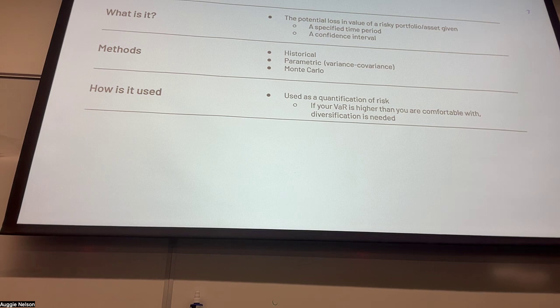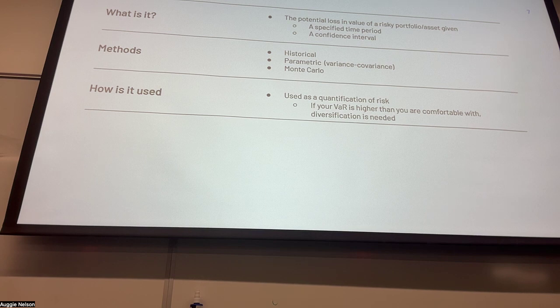Historical, which just uses historical return data. You get your historical return data, you group your returns together, sort them ascending to descending, and then your confidence interval will tell you which return to take.